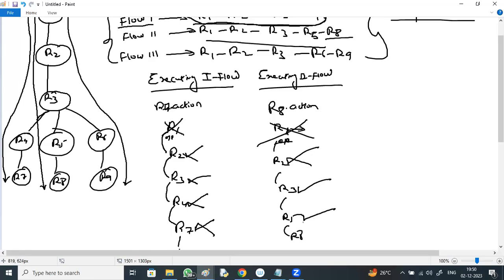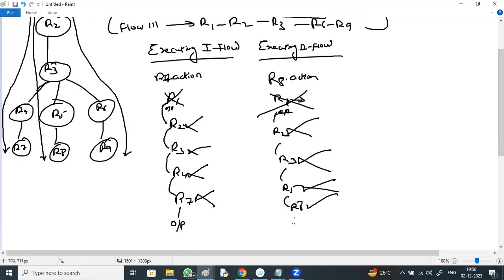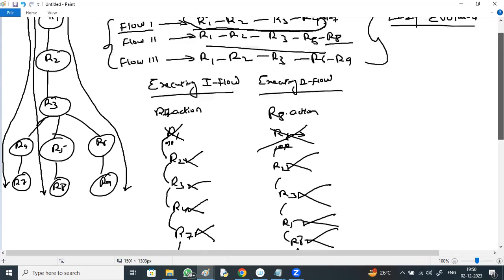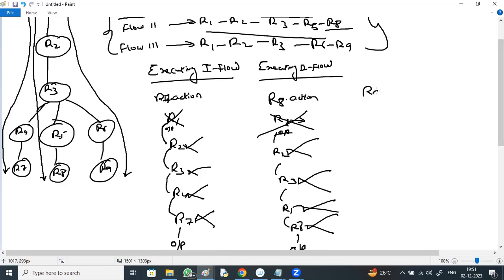Once R5 is loaded and computed, R3 gets removed from the RAM. When R8 output is collected, this R8 also got removed. If you see the last flow also, R9, if you perform that action, then only it will execute, I mean the data flow execution, how the RDD executions happen, right?